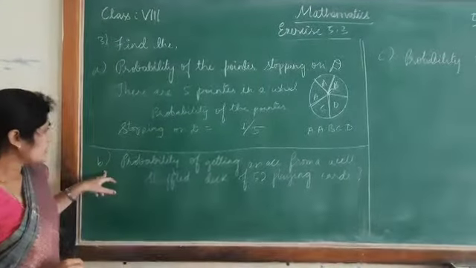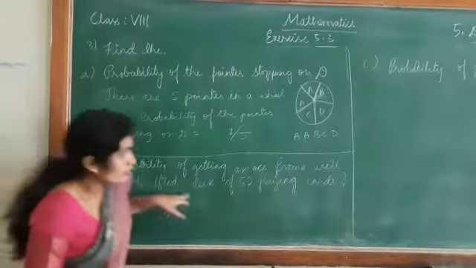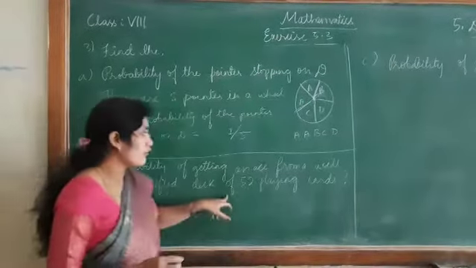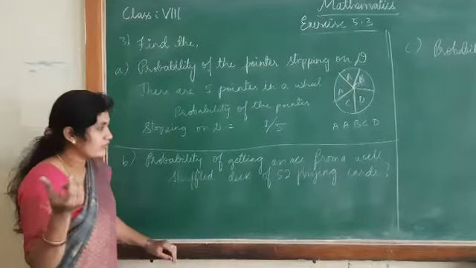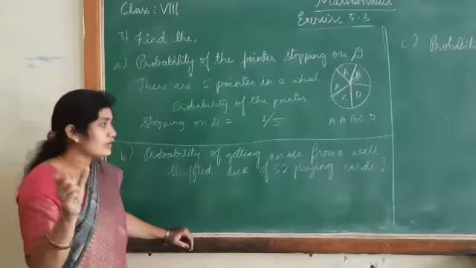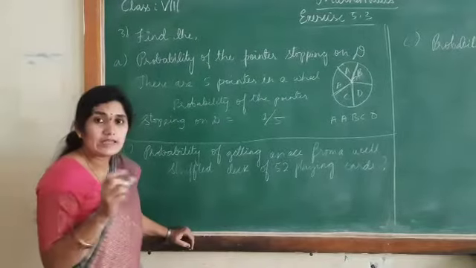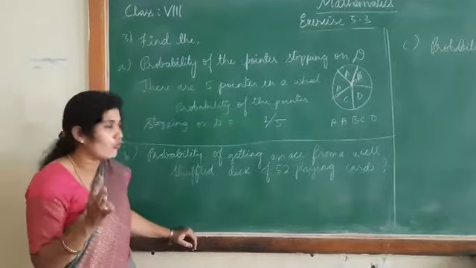Second one, that is probability of getting an ace from a well shuffled deck of 52 playing cards. Children, all of you know what a playing card set is. We all play playing cards for some fun, and in that we have a set of 52. And each kind of card, that is each type, we have 4.